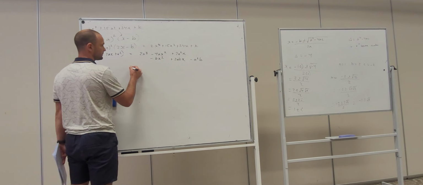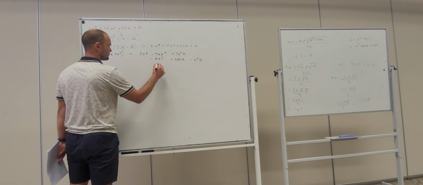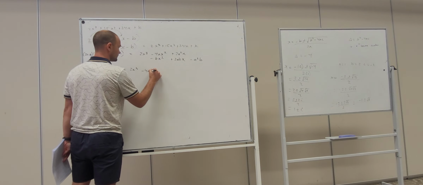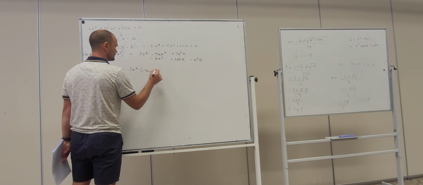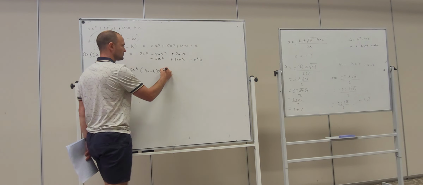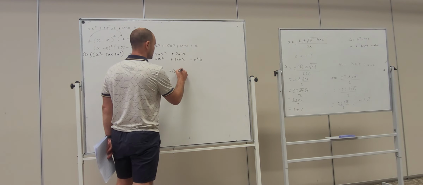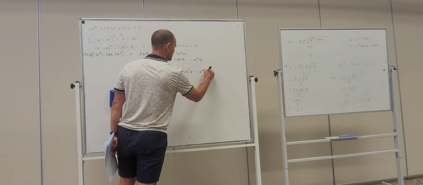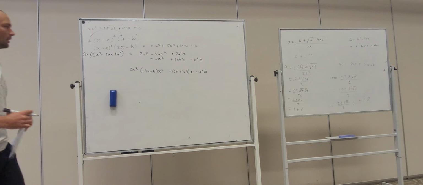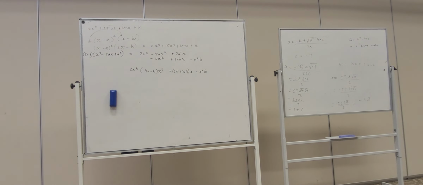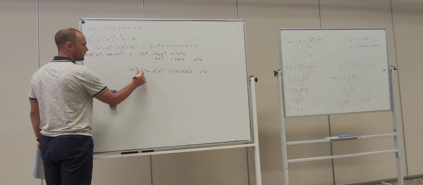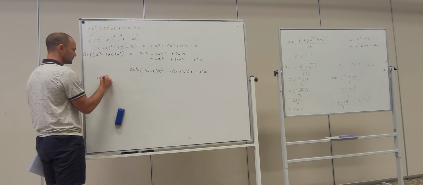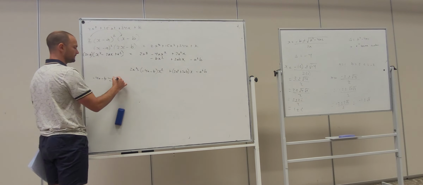Okay, we'll collect, and then we'll identify some relationships. Minus 4a take b, that's the x squared coefficient, has to equal positive 15.